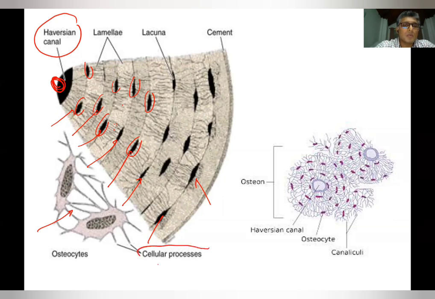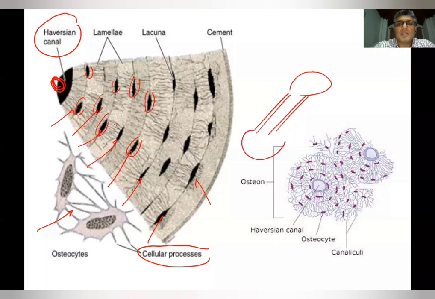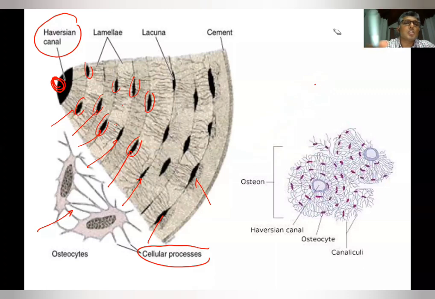They are cellular processes. Their cytoplasm extends through the osteoid, and you have very minute canaliculi connecting up these lacunar spaces. So the cells inside can send cellular processes to connect up with the other cells. Their nourishment is through these cellular processes.